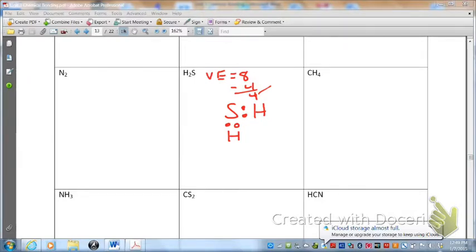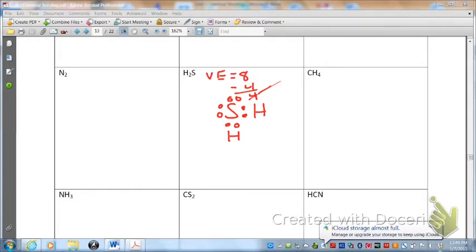The answer is no. So we go to our central atom, sulfur, and distribute those last remaining electrons around sulfur. 1, 2, 3, 4. That uses up the remaining 4 electrons that we need to complete a full octet for sulfur, and sulfur becomes a happy atom.